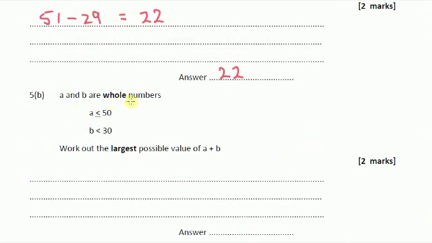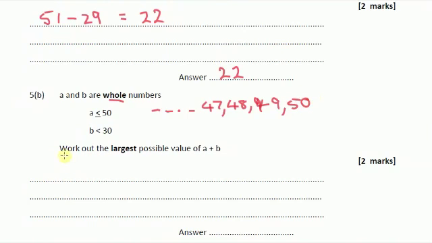A and B are whole numbers again. A is less than or equal to 50. So in this case, we can go up 47, 48, 49, and we can include 50 because A can be equal to 50. That equal sign is important there.